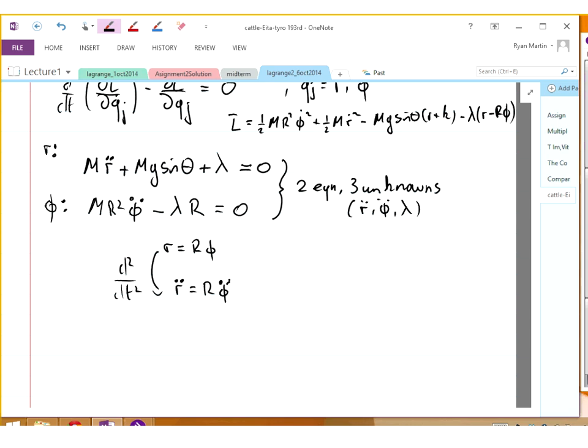So let me take the phi equation. If I take the phi equation, I have m r squared phi double dot minus lambda r equals 0.